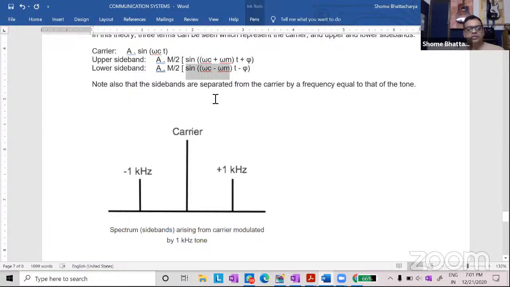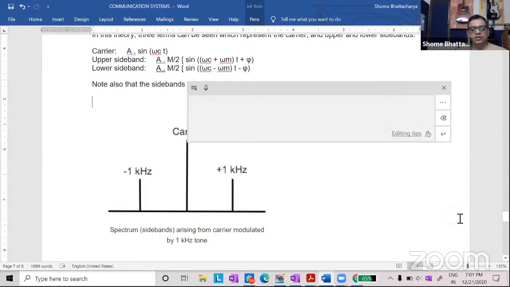So if this method of transmission is going to be successful, then our data transmission channel or broadcast channel should have this kind of bandwidth. It can support the frequencies in between the lower sideband and the upper sideband. Okay.